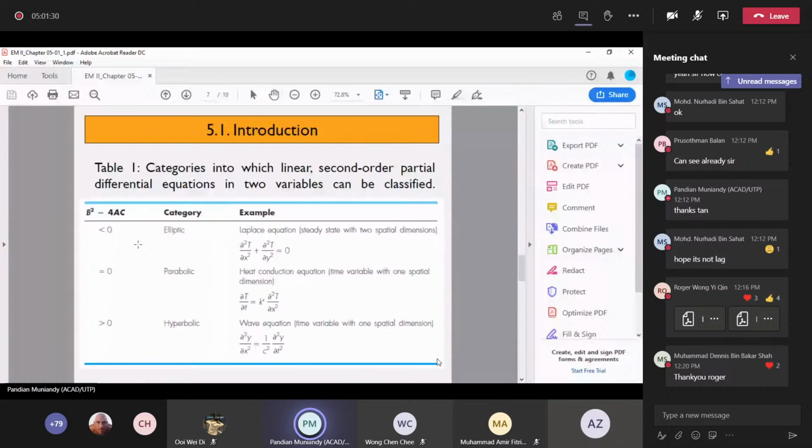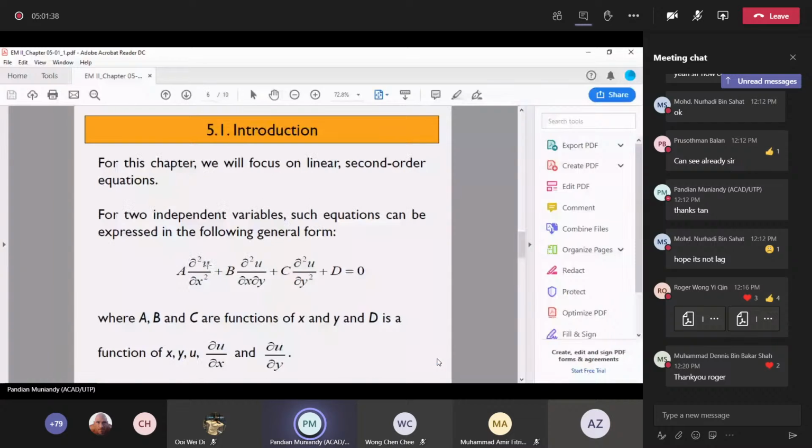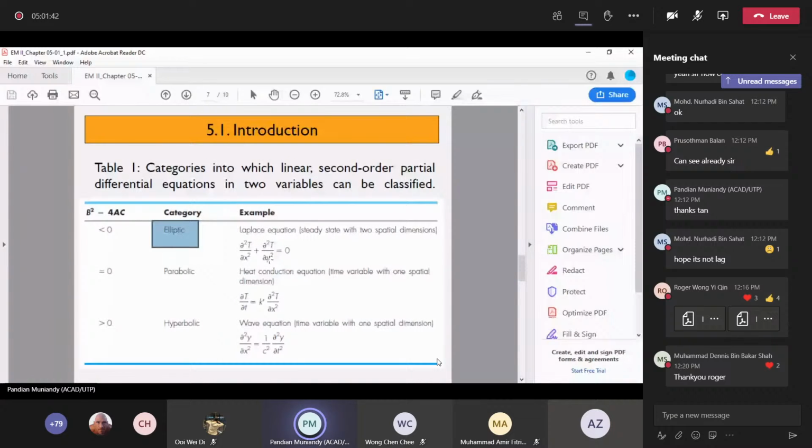So you go back to that equation. In this case, your U is temperature, a real world problem. The U is the temperature, capital T. So del squared T over del x squared plus del squared T over del y squared equals 0. This is called the Laplace equation. So how to solve the Laplace equation?